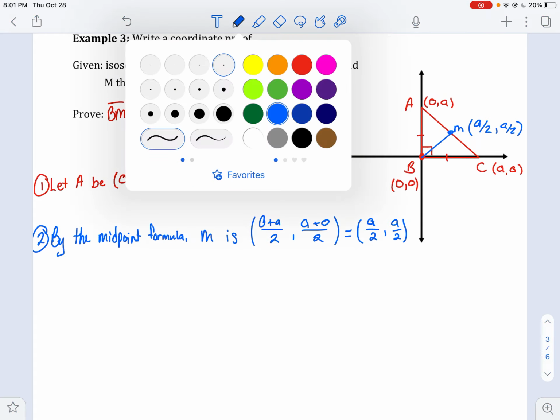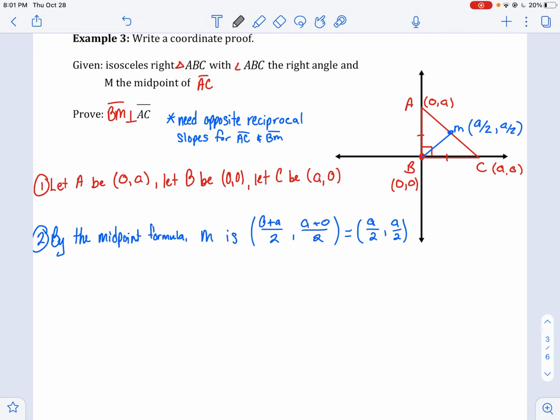Okay. Now this is where we get into the really messy algebra. So I want to show that those slopes are opposite reciprocals. So I'm going to find the slopes of BM and AC.